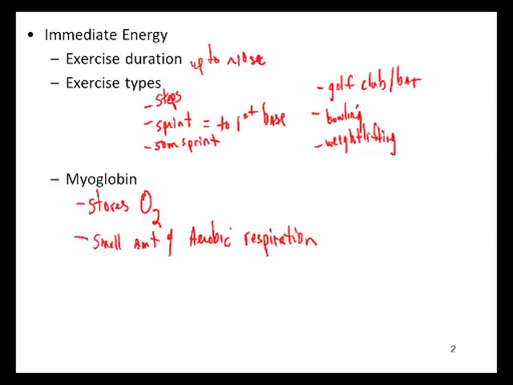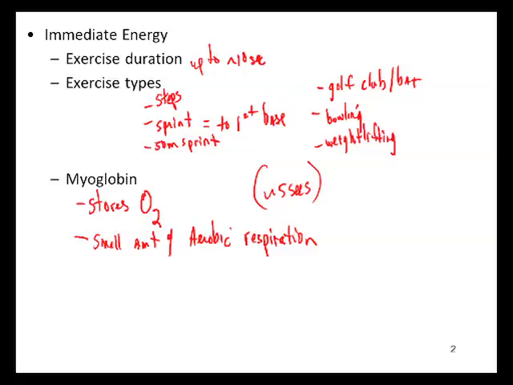So for this period of time, maybe about 5 seconds, roughly, we're able to undergo glycolysis and then aerobic respiration, or maybe even beta oxidation and then aerobic respiration. So that's upwards of 5 seconds.